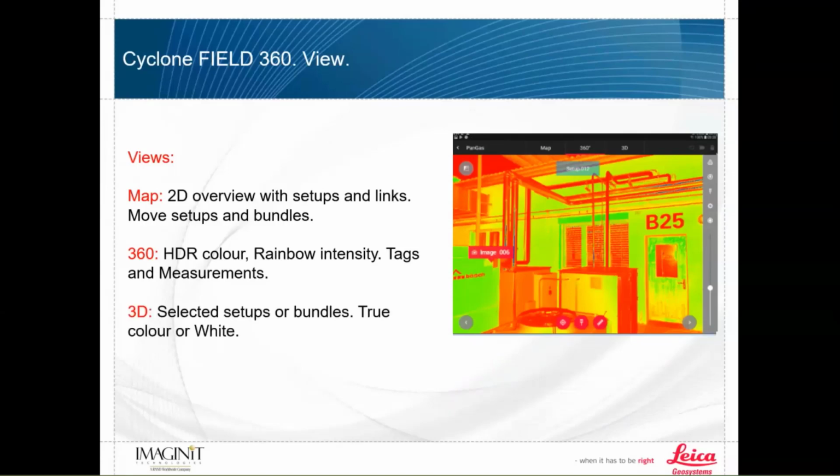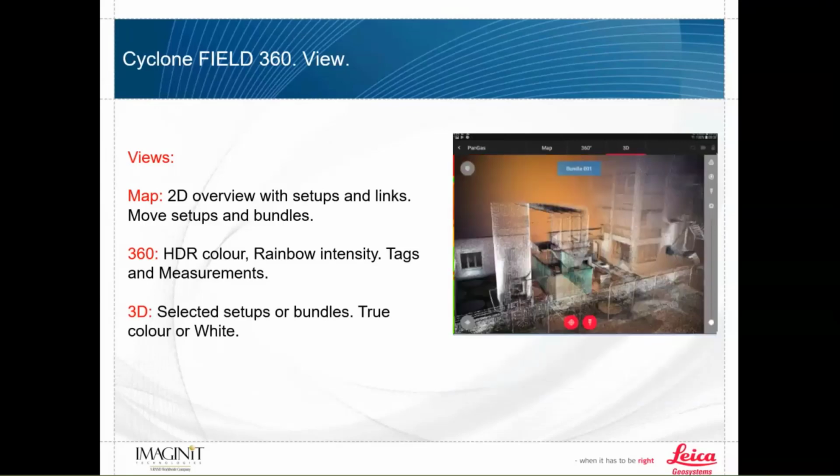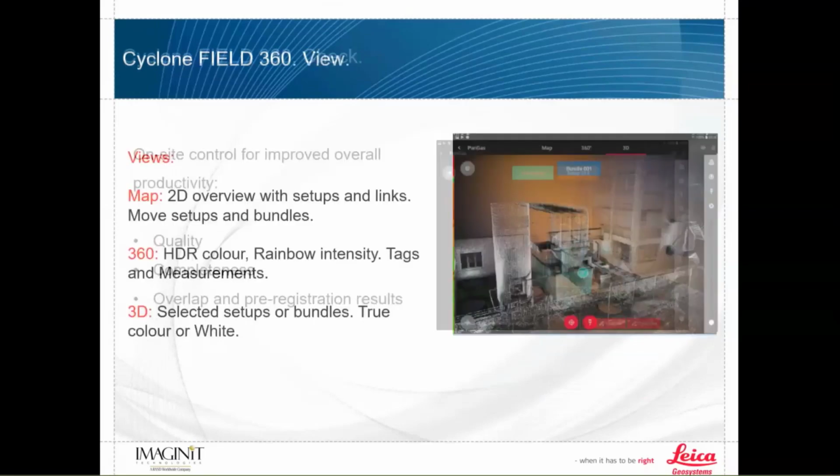So then we come in here to the 3D view. It's not very often that we get to view the point cloud in a 3D view while we're in the field. I can view this in true color, or I can view it in white only. Not quite sure what that is about, but you can, so know that as your option.